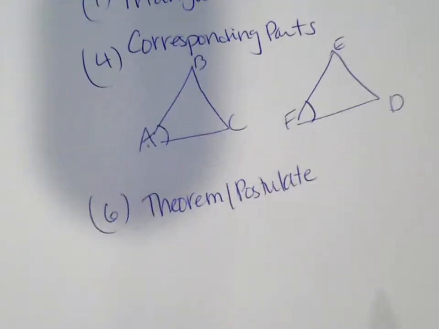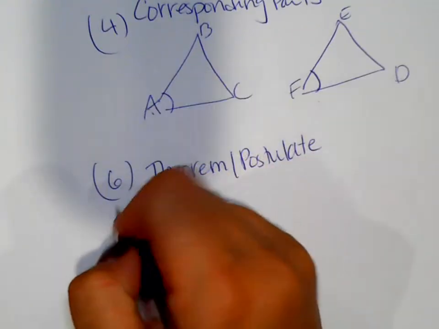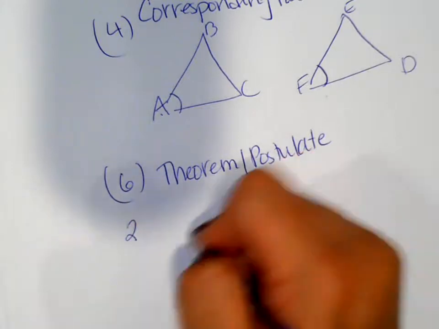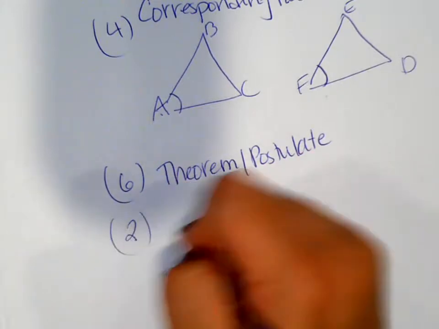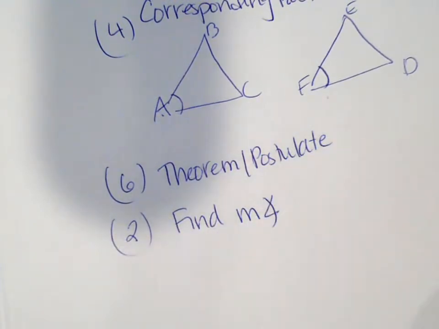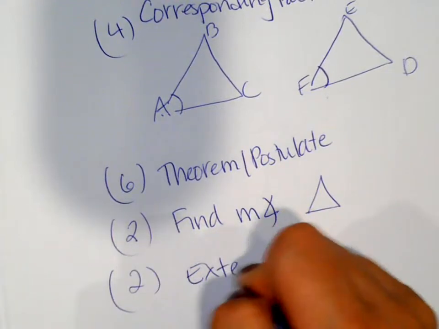There are, I believe, 2 of the find the measure of an angle in a triangle. And I think there are 2 with the external angle.